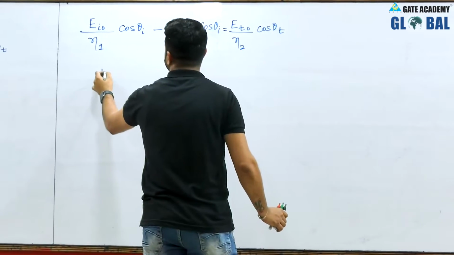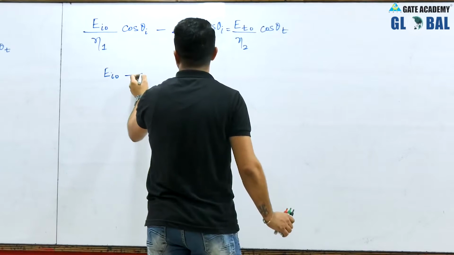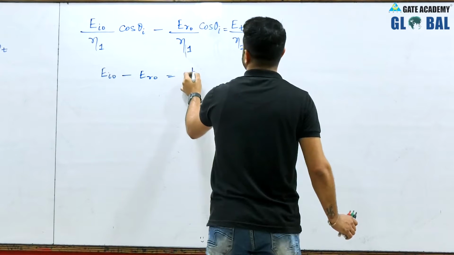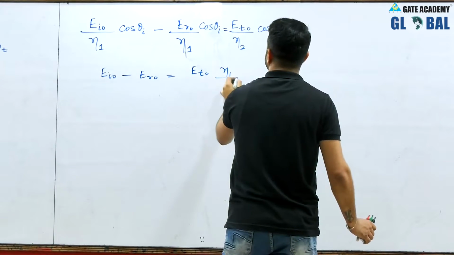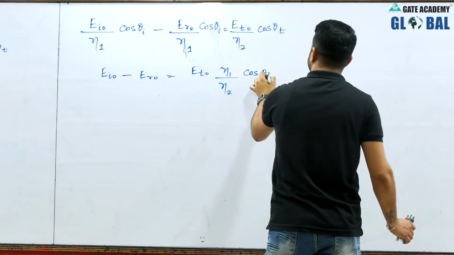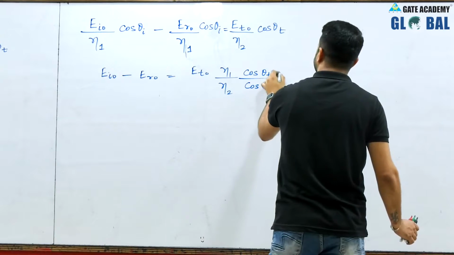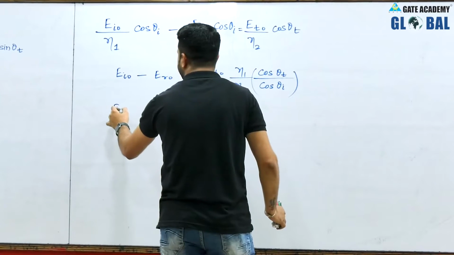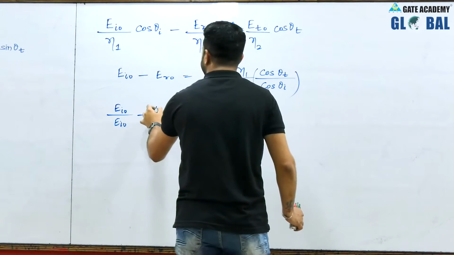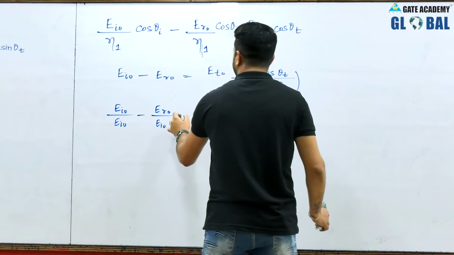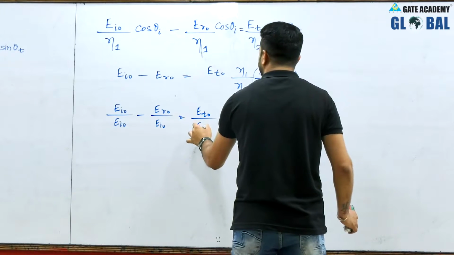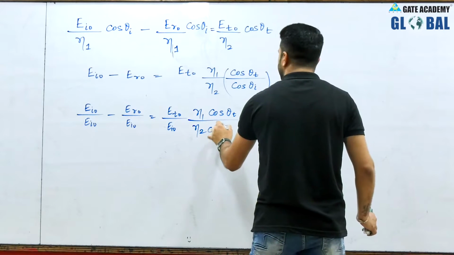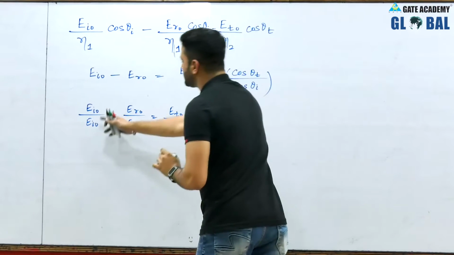So if I take this Ei0, this cos theta I and divide by eta 1 common, then it is Ei0 minus Er0 is Et0 and eta 1 divided by eta 2 and cos theta t divided by cos theta I. If I again divide it by Ei0, then what I will get: Ei0 divided by Ei0 minus Er0 divided by Ei0 equal to Et0 divided by Ei0 times eta 1 cos theta t divided by eta 2 cos theta I. So Ei0 divided by Ei0 is 1.